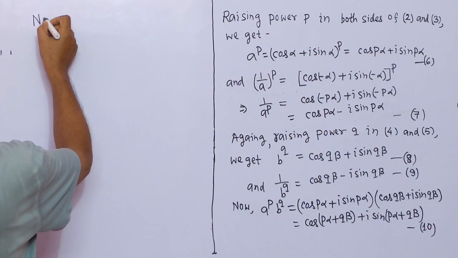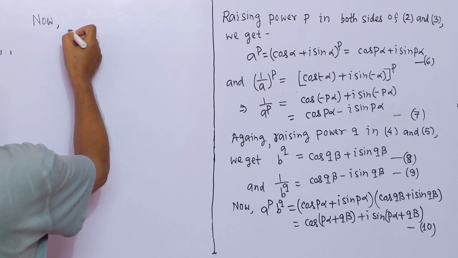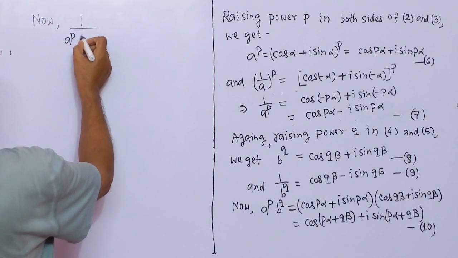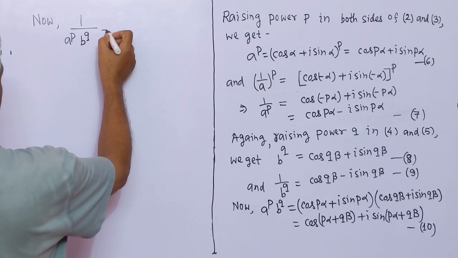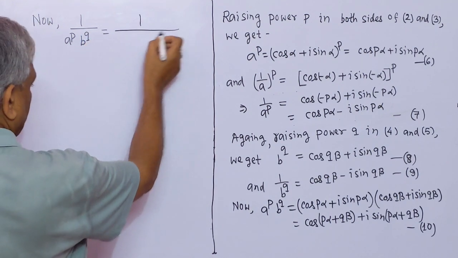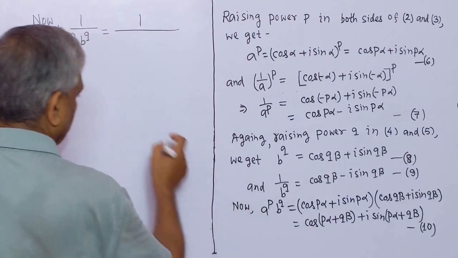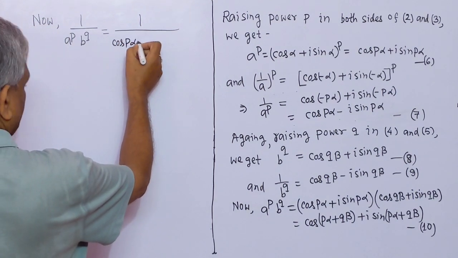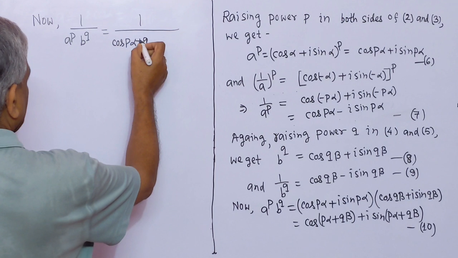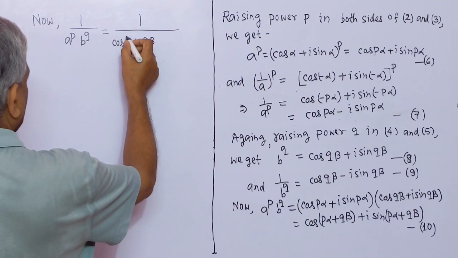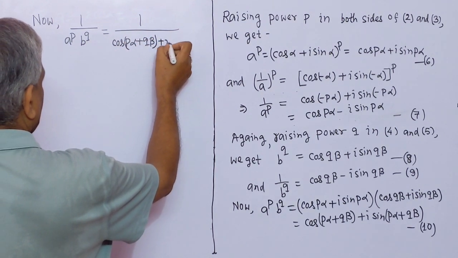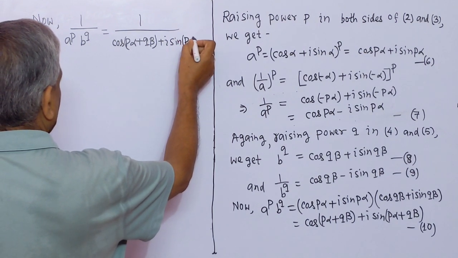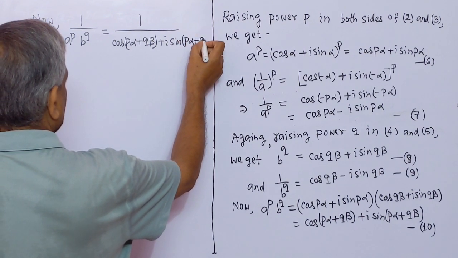Now 1 by a to the power p b to the power q equals 1 by cos(p alpha plus q beta) plus i sin(p alpha plus q beta).